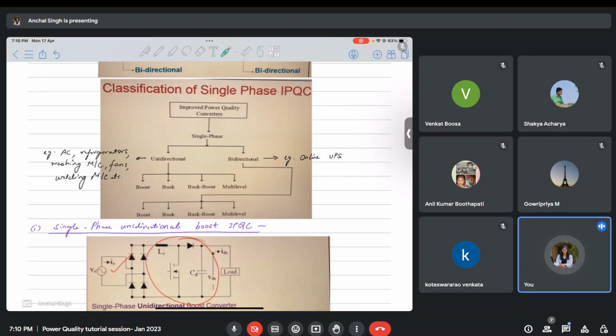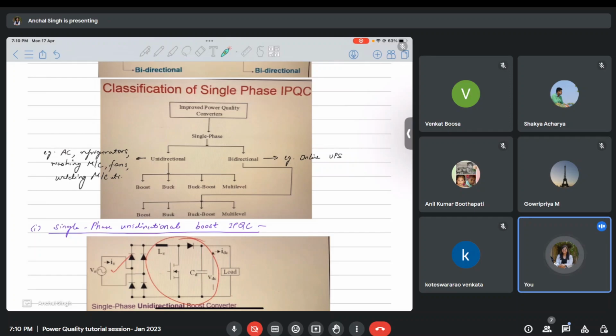Examples of unidirectional converters are air conditioners, refrigerators, washing machines, welding machines. Most of the converters we have in our houses are unidirectional in nature because we only need to give power to these devices. We don't need power back from these devices, therefore they are called unidirectional converters.